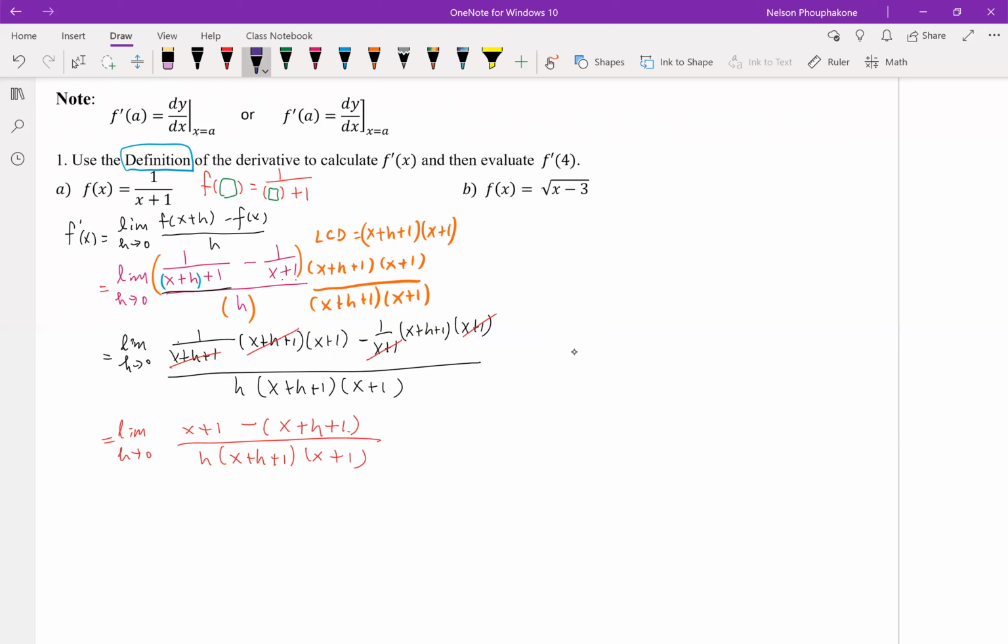And now I have x plus 1 minus x minus h minus 1. Then we know that x minus x and 1 minus 1 cancel, so I have negative h left.